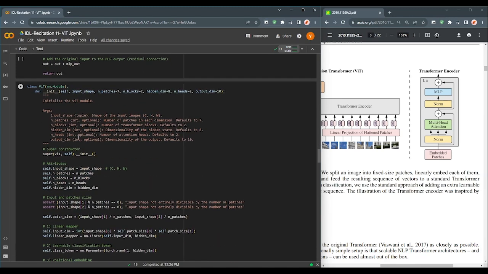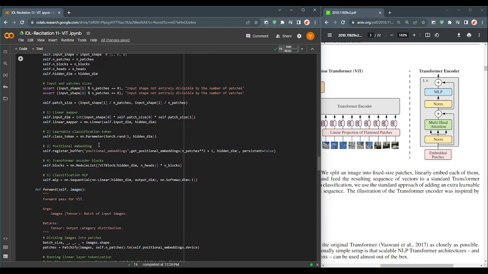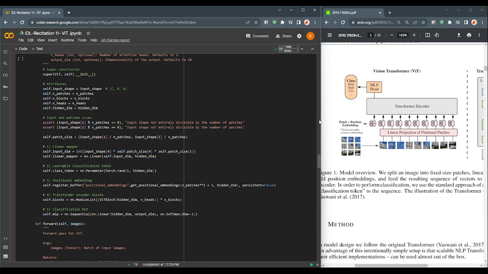Then next we will initialize the vision transformer module, and first we will patch the images, then we pass them to the linear mapper, and after that, as I mentioned earlier, we have another token which is a class token.